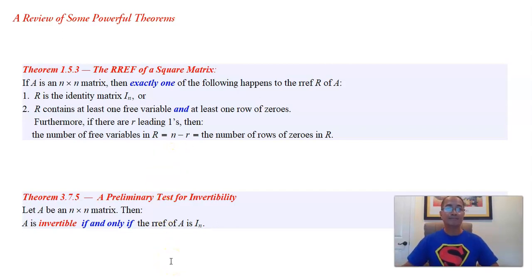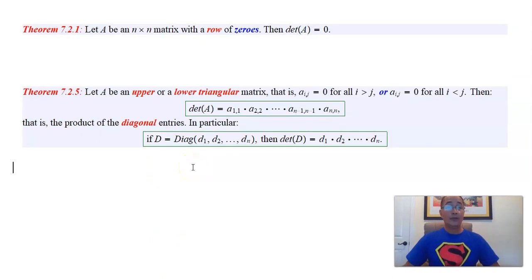While we're talking about rows of zeros, we proved in the last section that if you have an n by n matrix with a row of zeros, then the determinant of that matrix must be zero. In that section, we also saw special formulas for the determinant of a triangular matrix, whether it is upper or lower triangular.